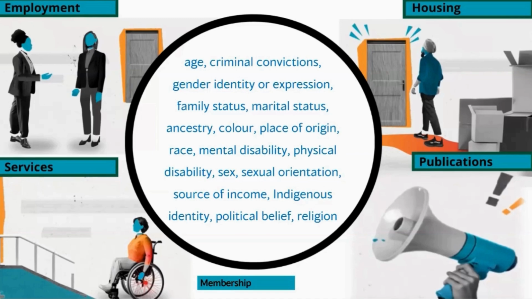And part of this policy change includes the work of BCOHRC and other organizations to add additional protected characteristics to the code. For example, Indigenous identity was recently added to the code, and BCOHRC and others continue to advocate for the addition of social condition, an identity which could include factors such as poverty, lack of housing, or adequate education.